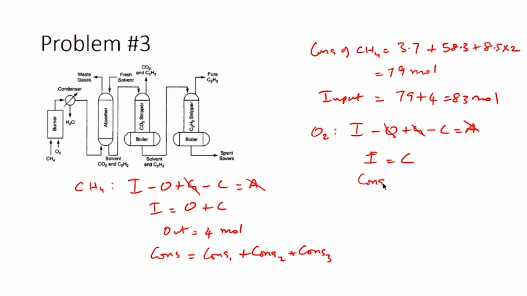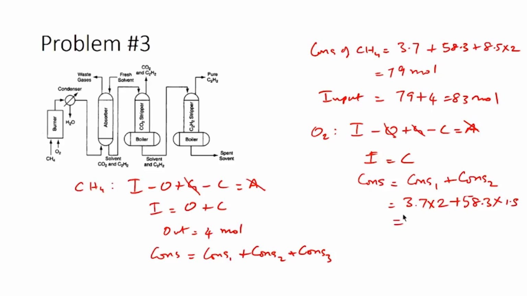We now need to identify what the consumption is. The consumption for oxygen would again happen through the first two reactions. Reactions 1 and 2 both consume oxygen. So, you would have to identify the consumption of oxygen in the first reaction and in the second reaction. Using the stoichiometry of the reactions given, we know that for every mole of carbon dioxide produced, 2 moles of oxygen are consumed. Similarly, for every mole of carbon monoxide produced, 1.5 moles of oxygen are consumed. So, the consumption of oxygen is equal to generation of carbon dioxide times 2 plus generation of carbon monoxide times 1.5.